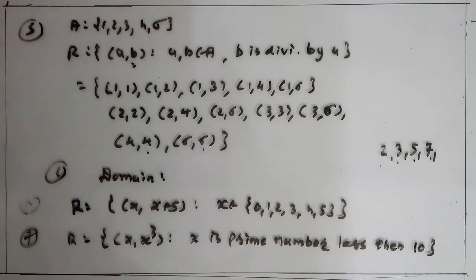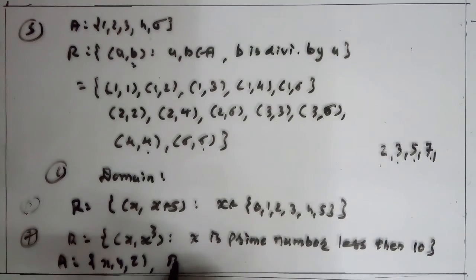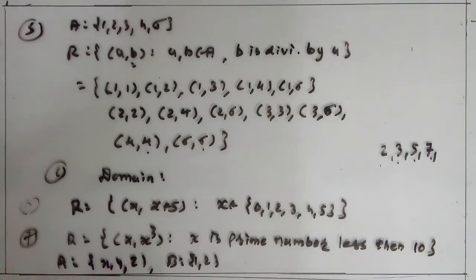Now question number 8. Let A is equal to {x, y, z}. Set B is equal to {1, 2}. Find the number of relations from A to B. We know that if A contains m elements, B contains n elements, then number of relations from A to B is equal to 2 raised to m into n.